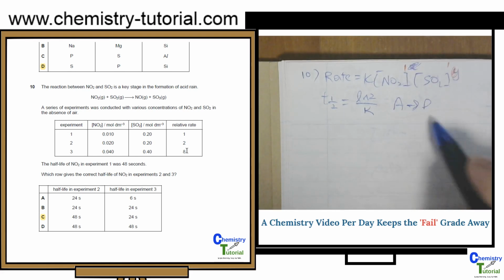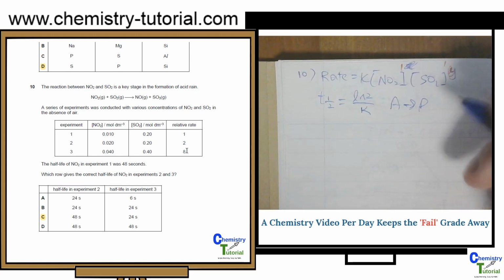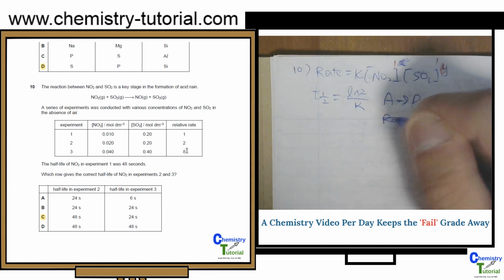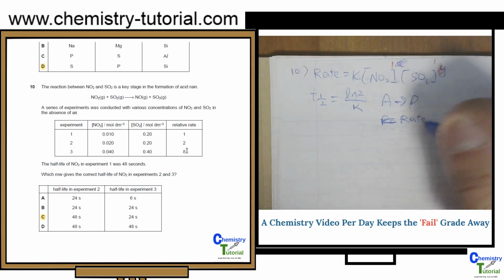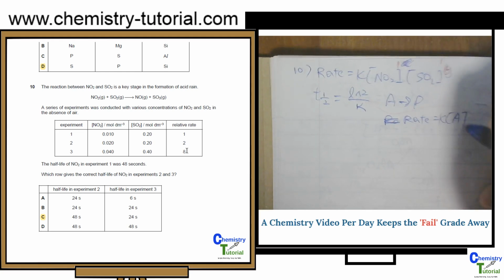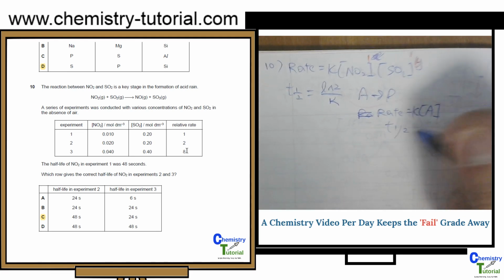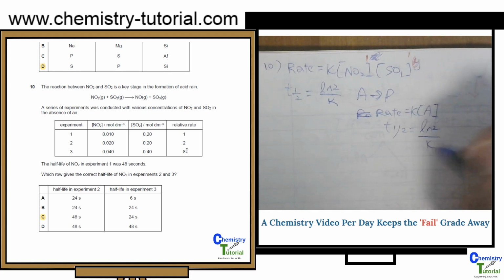That means A gives you P. If it's first order kinetics, then what we use is just rate equals K[A]. Bear in mind that there's only a single reactant for all the examples that we see in our notes. Hence from here, half-life is ln 2 over K.